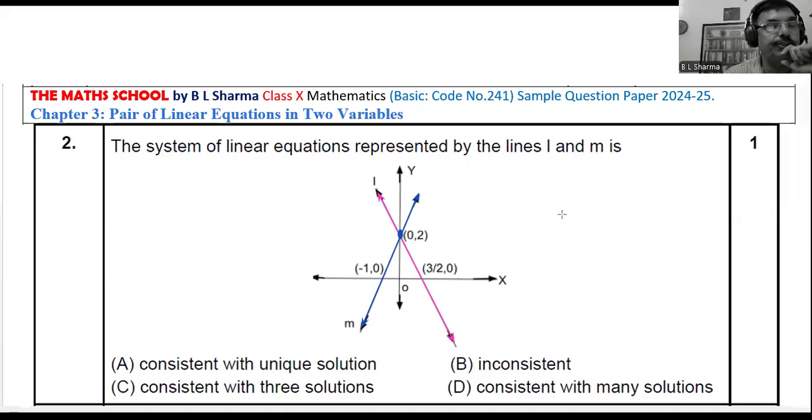Consistent means having a solution, whether one solution or more than one solution, meaning infinitely many solutions. So we can say this is consistent because it has a solution. But these two lines are intersecting at only one point. These two lines intersect at only one point. So we can say that yes, these are consistent and have a unique solution. Unique solution means intersecting exactly at one point. So A is the correct option.